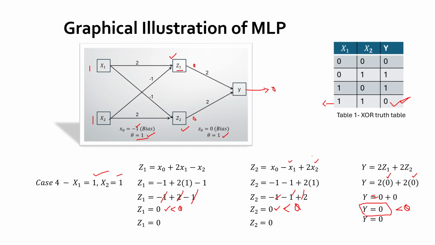So this was just one solution for solving the exclusive OR problem through a multi-layer perceptron. There are other solutions also possible. You can also apply the theorem of multi-layer perceptron, where you develop a multi-layer perceptron for two inputs, as we have two inputs here. You can develop a multi-layer perceptron with one hidden layer.